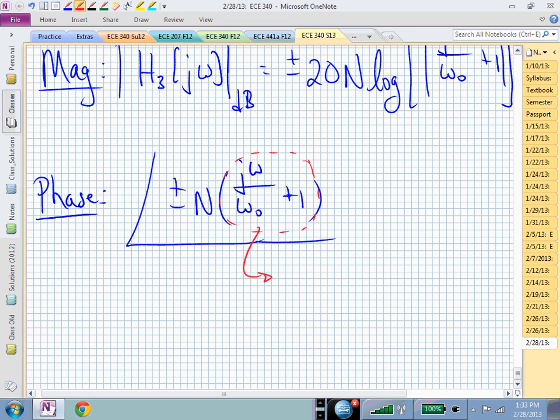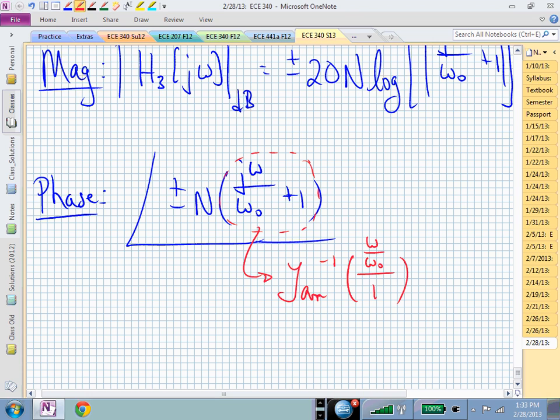If you forget, I would just sketch it in the complex s-plane. We have a real part of 1, and we have an imaginary part of omega over omega naught, and I would just sketch that. So I walk over on the real axis 1, and then I just go vertical, omega over omega naught. Or you could say, oh, that's just the inverse tangent of the imaginary part over the real part.